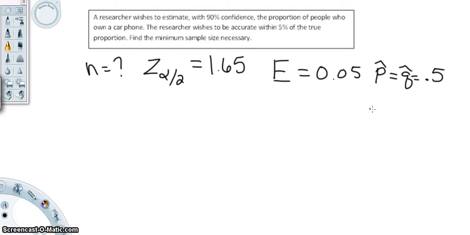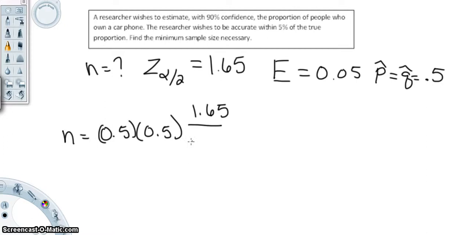Now that we have p hat, q hat equal 0.5, we substitute into our equation. And we get n equals 0.5 times 0.5 times 1.65 over 0.05 in parentheses squared, and that equals 272.25.